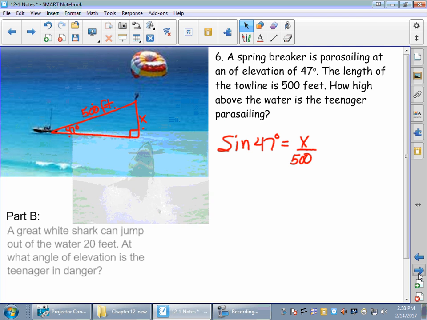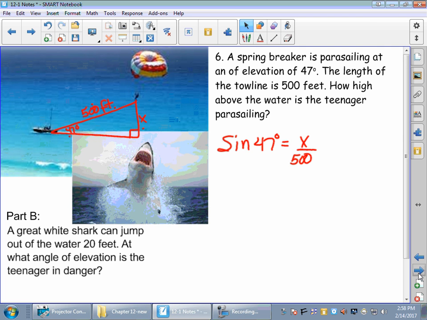Part B says a great white shark can jump out of the water 20 feet. So at what angle of elevation is a teenager in danger? What they're saying here is if you got a 500-foot tow rope and this happens to be 20 feet, we want to be above 20 feet. What angle should we keep this at?